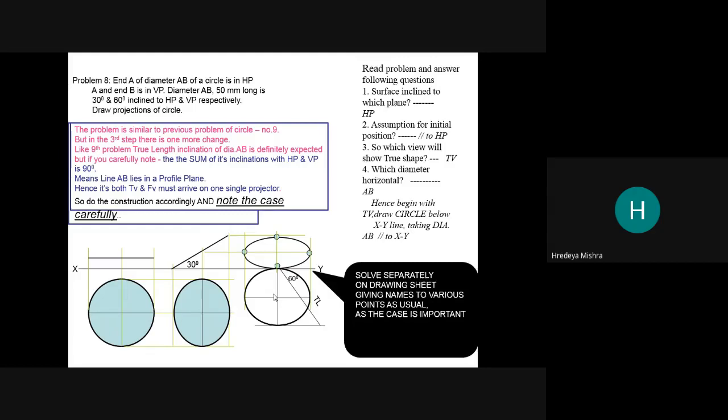And if the square is on the side view, then we can say that the name is A double dash, B double dash, C double dash and D double dash. So nomenclature is very important.